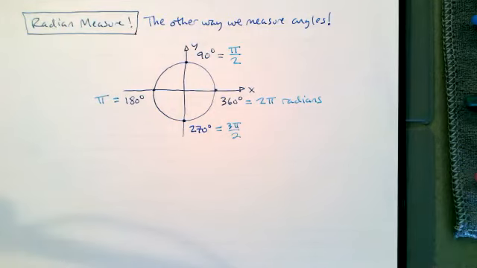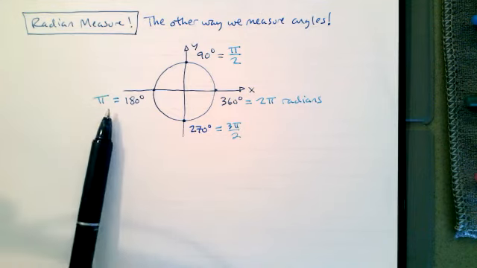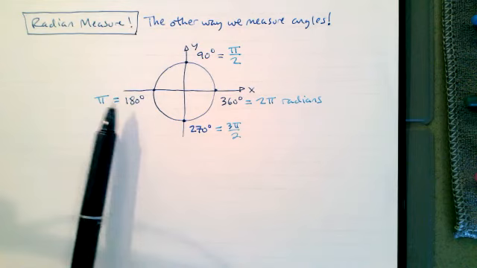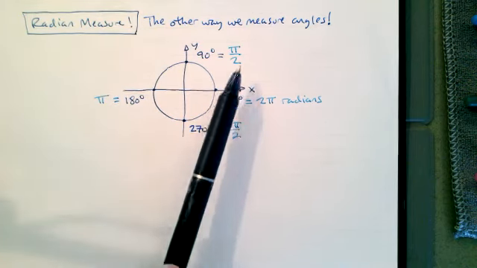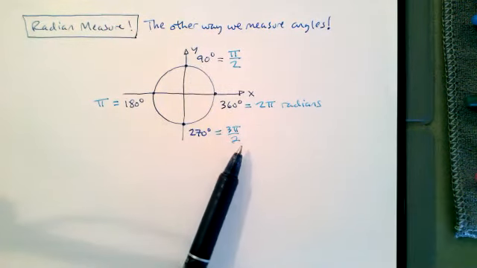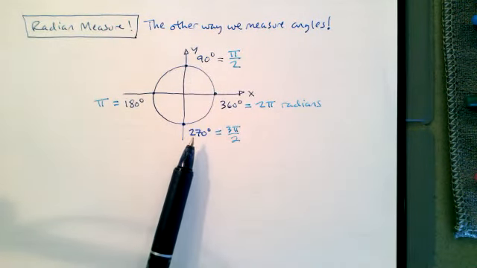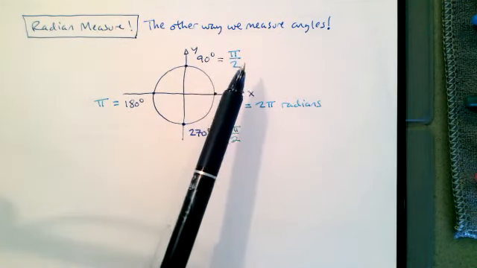I don't have access to how your mind works, so I don't have access to the best way for you to remember those relationships. That's the end game. Some of you are going to get there just by remembering that pi is 180. This is going to be your prime thing to remember. So 2 pi is 360, half a pi is 90, and 3/2 of a pi is 270. Some of you are going to get there by remembering that 90 degrees is pi over 2.